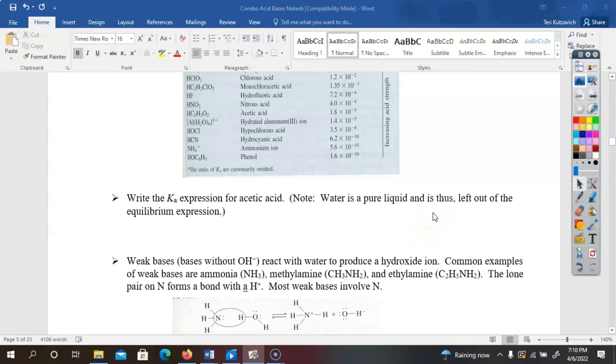So they want you to write the Ka expression for acetic acid. Well, you have to know what acetic acid is. Acetic acid is HC2H3O2, aqueous.